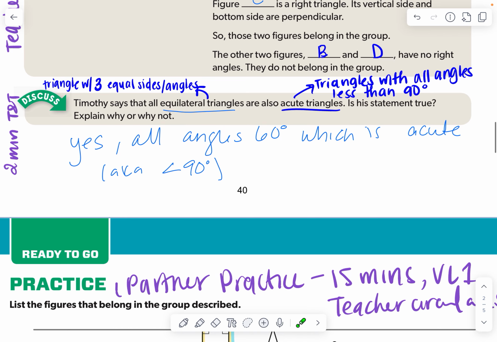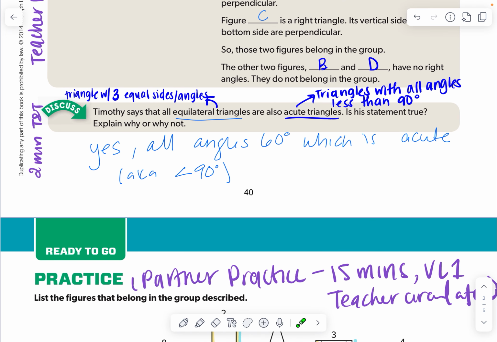Great. So now let's talk about this question right here. This turn and talk is going to be very important because it shows up again in the lesson. So please do not skip it. It says, Timothy says that all equilateral triangles are also acute triangles. So before we even get to the rest of the question, let's define the vocabulary that we see.